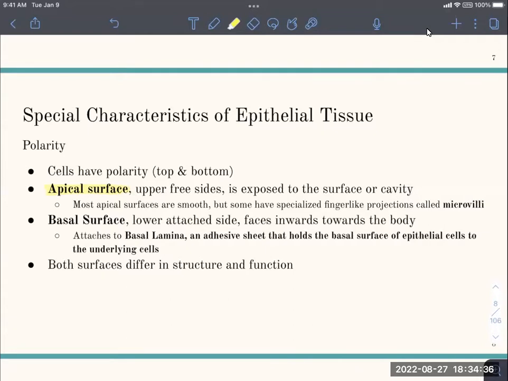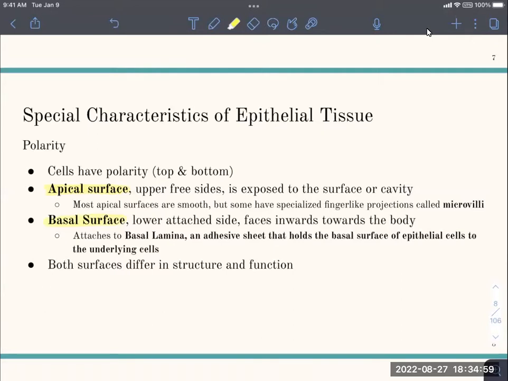Most of those surfaces are smooth for the most part, but some of them have those little microvilli or cilia, those finger-like projections that go up into that surface to help move things along. They also have a basal surface, which is a lower attached side.